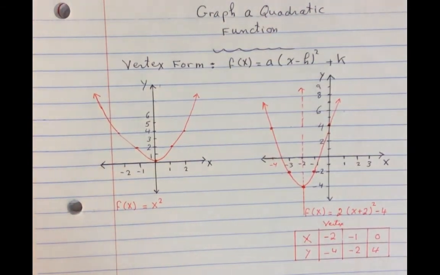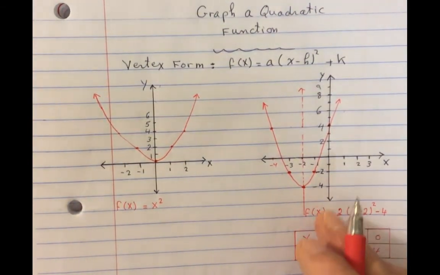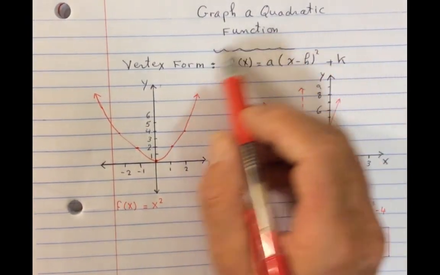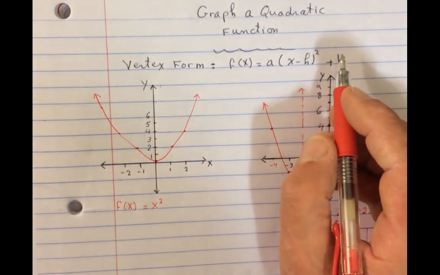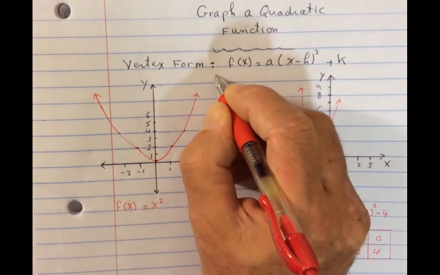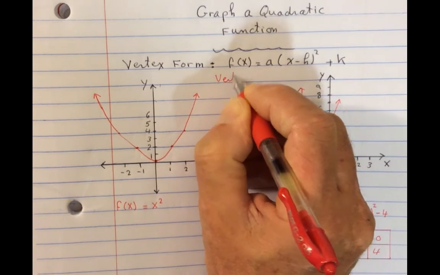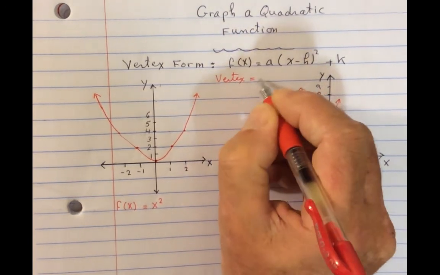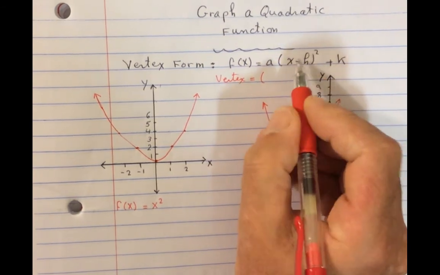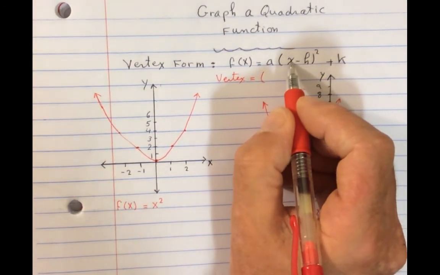All right, guys. So one more time, what we did: we find the vertex first. So if this is your function, what is the vertex going to be? The vertex is going to be an ordered pair, opposite to this. Whatever is subtracted or added to the x, we do the opposite.